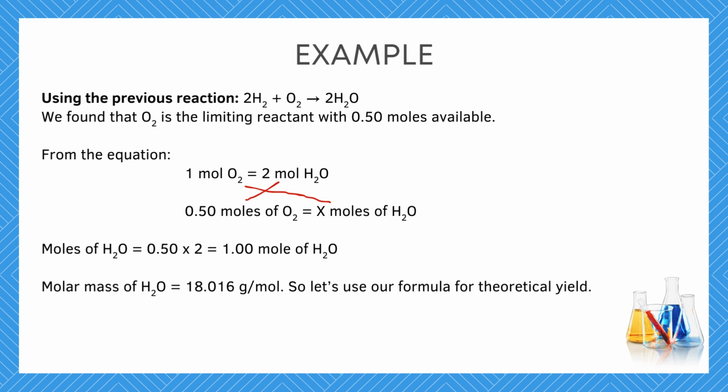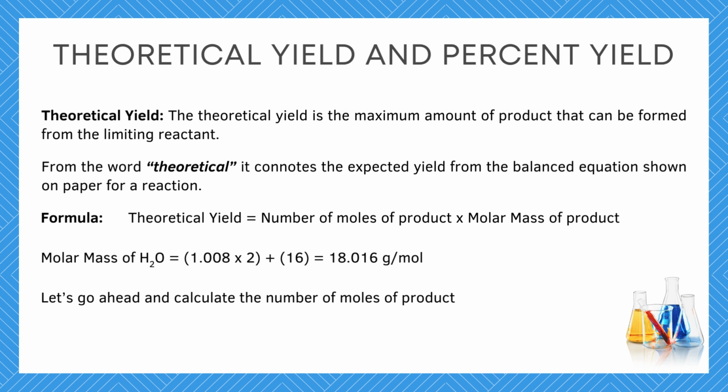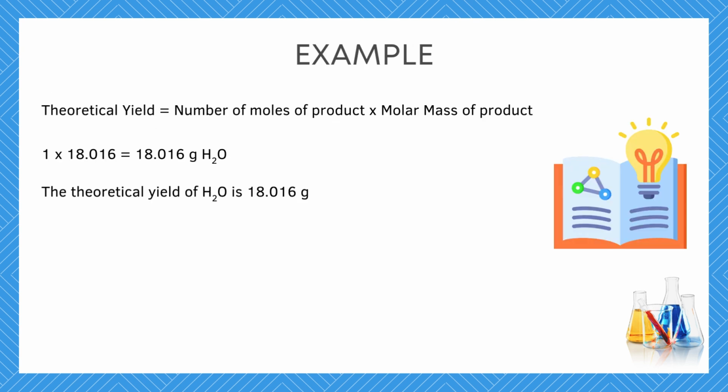Now we have the number of moles of the product and we have the molar mass of the product. So therefore, we can go ahead and use this formula that says theoretical yield is equal to number of moles of product times molar mass of the product.